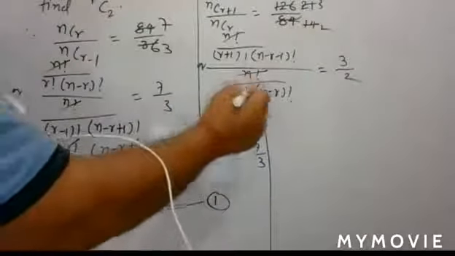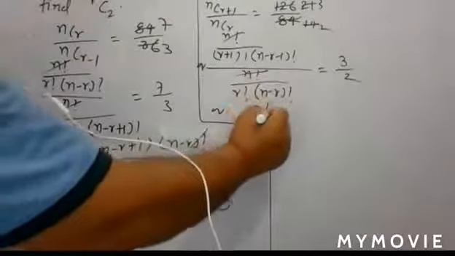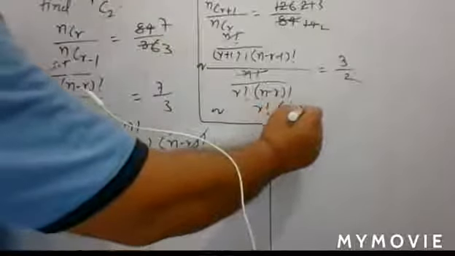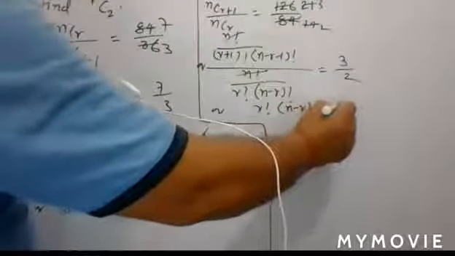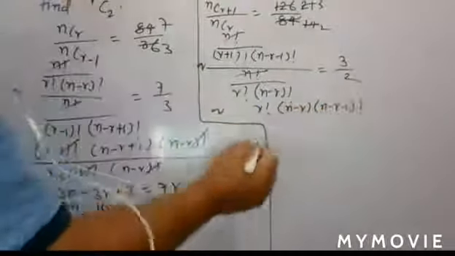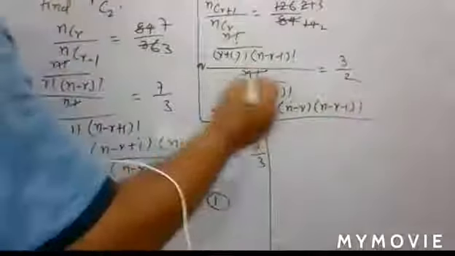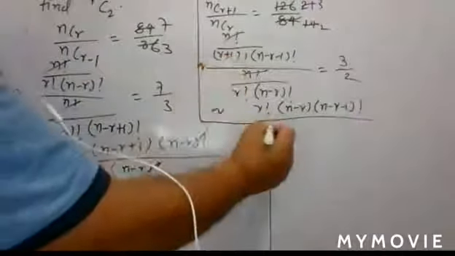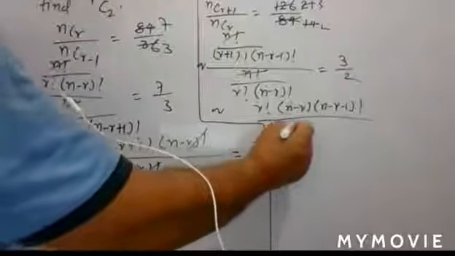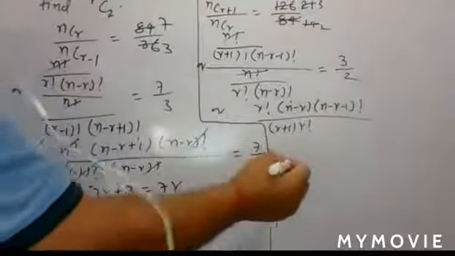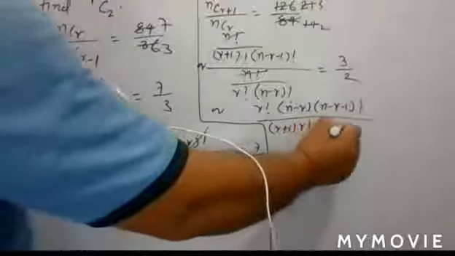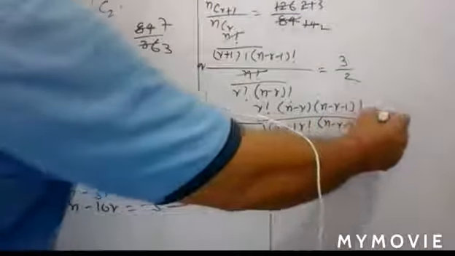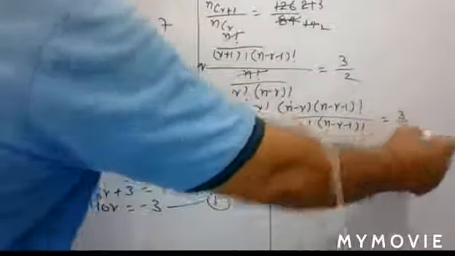You can write r factorial into n minus r into n minus r minus 1 factorial, whole divided by r plus 1 into r factorial into n minus r minus 1 factorial, is equal to 3 by 2.